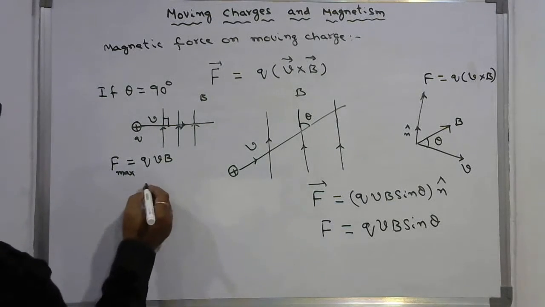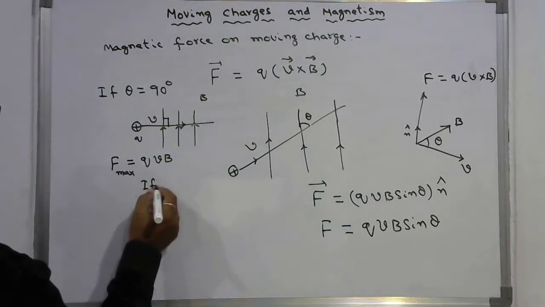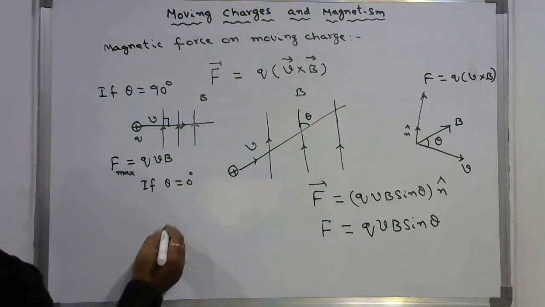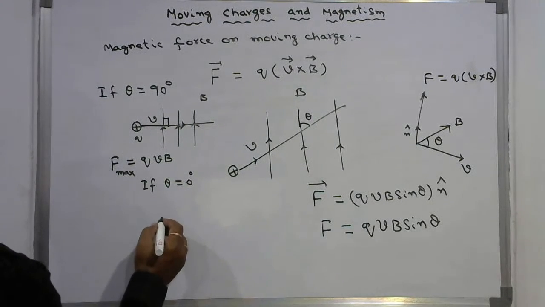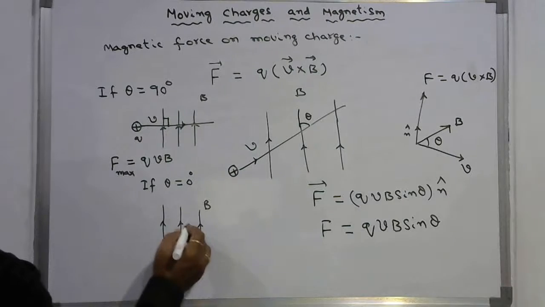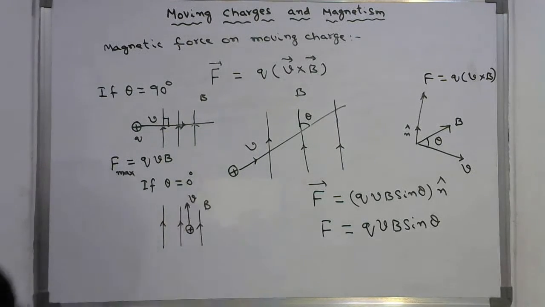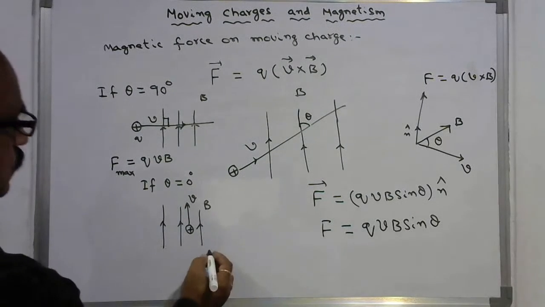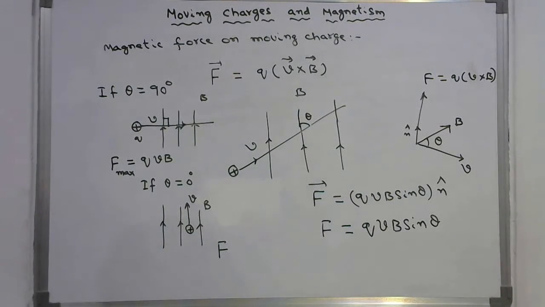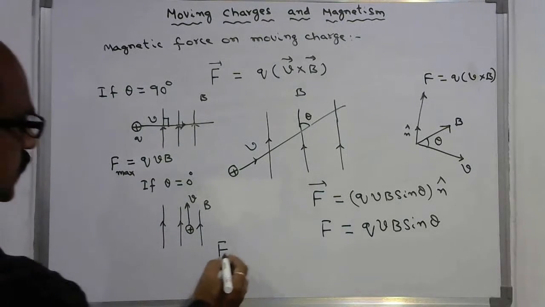And if theta is 0 degrees, that means the magnetic field B and the charge are moving in the same direction. Then theta is 0, so there is no force on the moving charge.